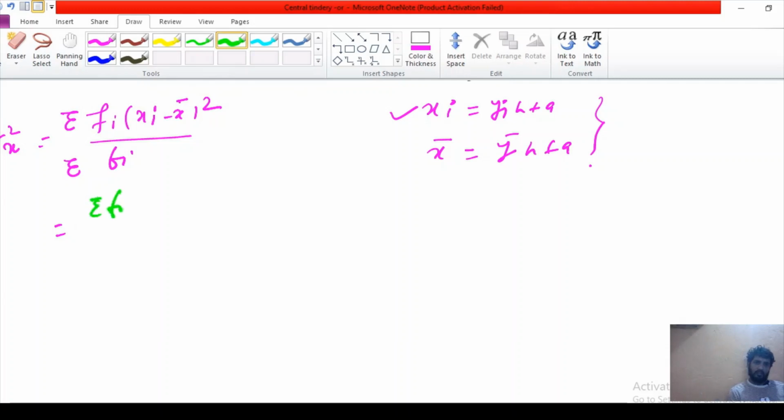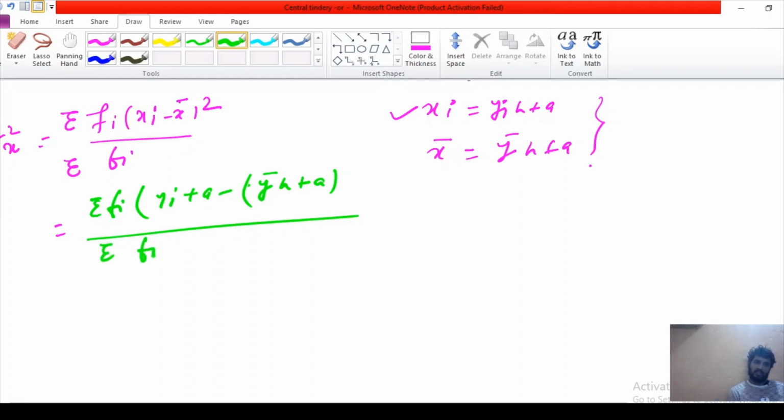Here fi as it is, and xi minus x bar is equal to (yi h plus a) minus (y bar h plus a), right?